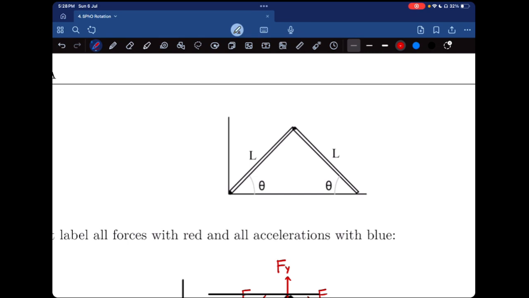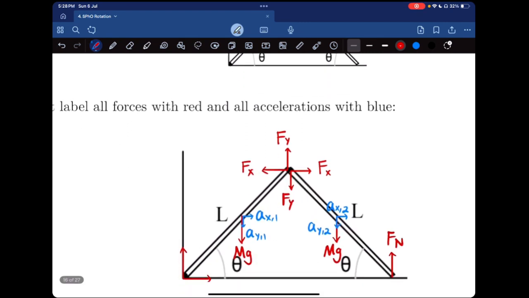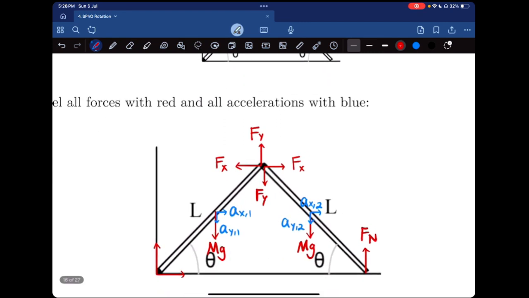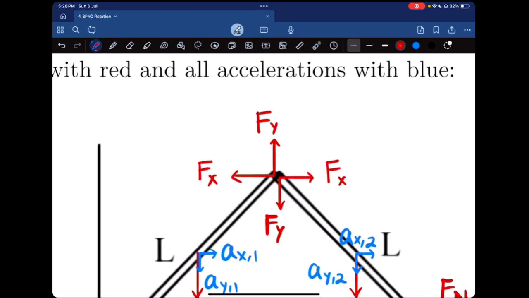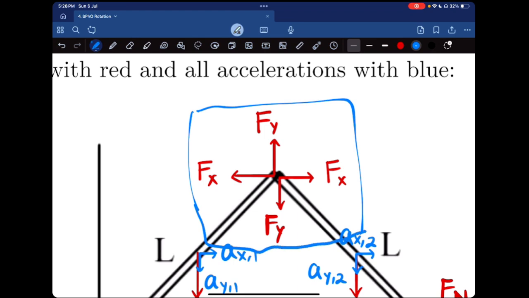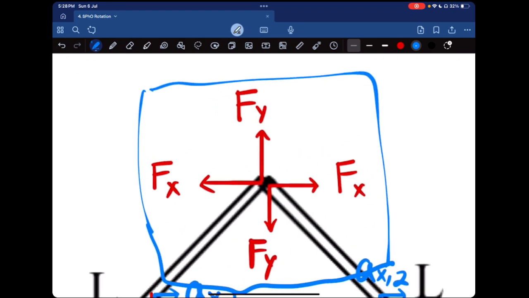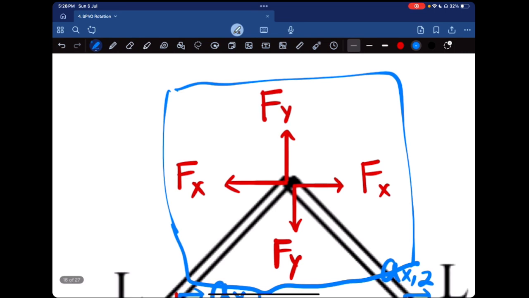So the way to approach it is, as usual, you draw out all your forces, as I've labeled here, and you can see that there's a whole bunch of forces going on at this hinge area. So first thing you might ask is, why is the Fy for the left rod upwards?